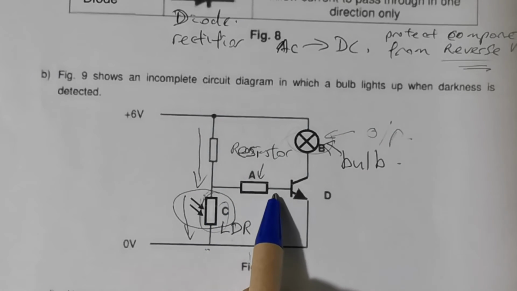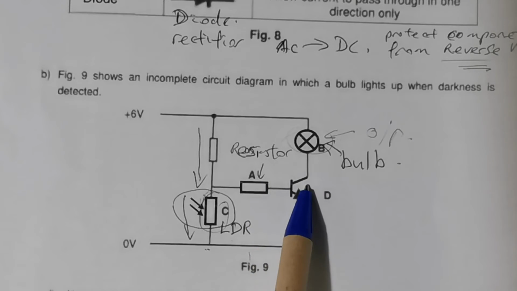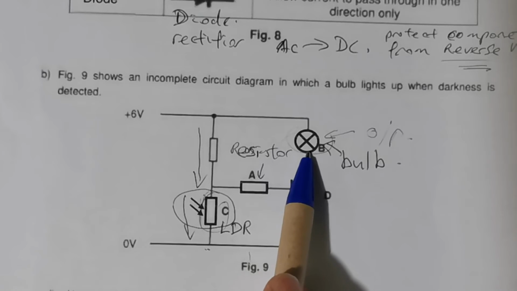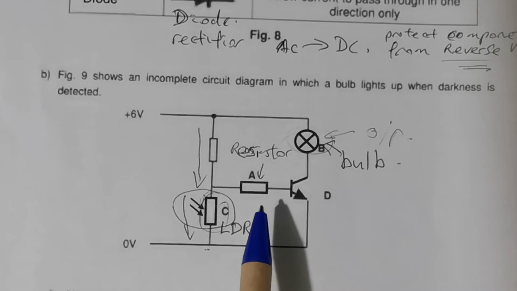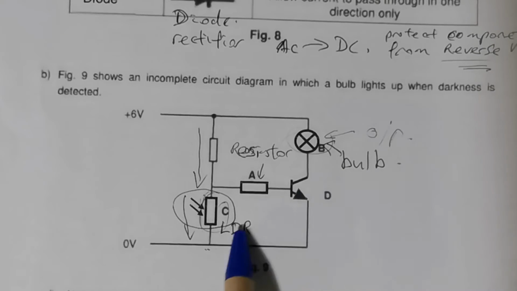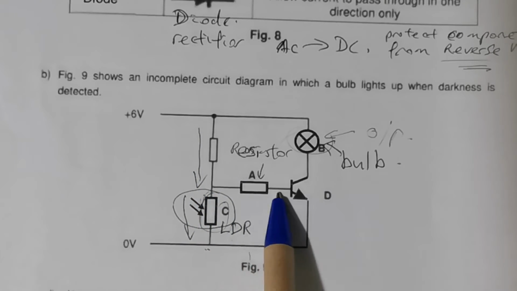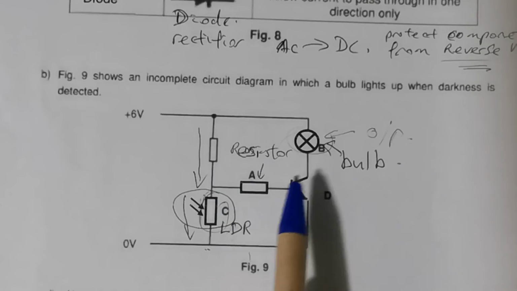It will not flow in the base, so no base current. Transistor is off, light bulb is off. Now you do not need to turn on the light bulb when the surrounding is bright, which is why they arrange it this way. Now when it is dark, resistance is high, so current flows into the base.